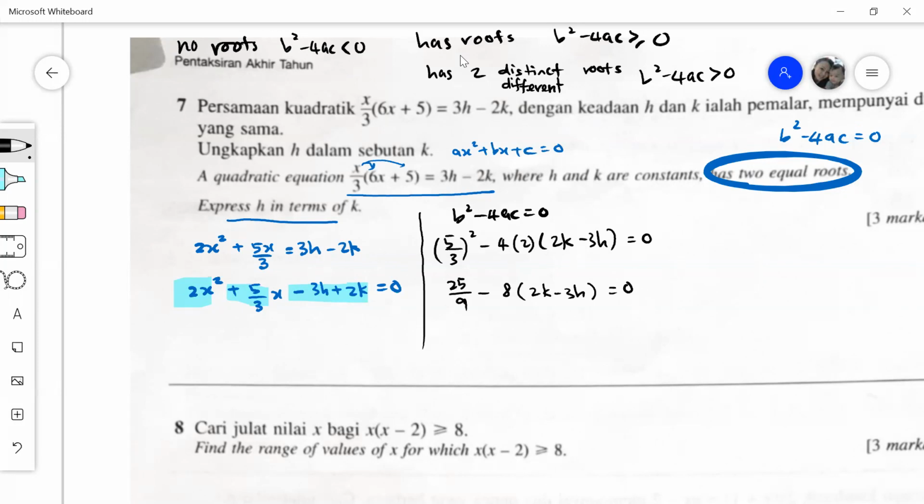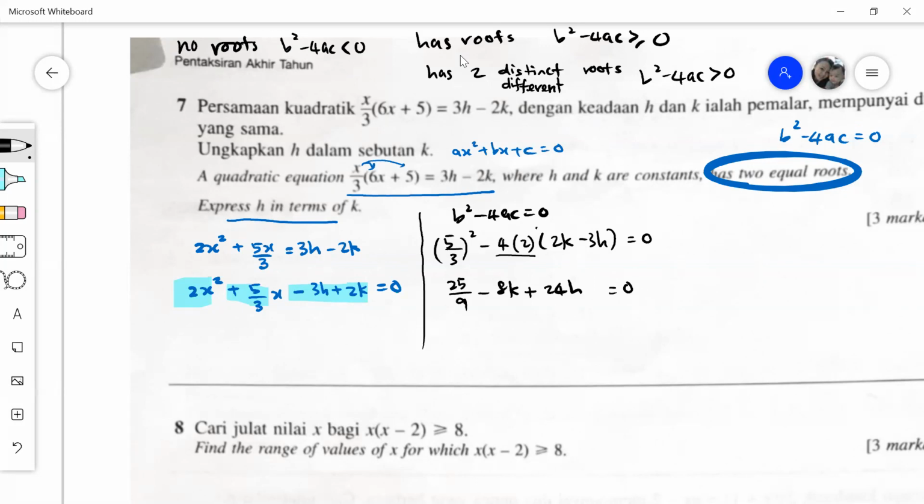I want to make h the subject. Open up the bracket right away. It will be negative 8k plus 24h, right?